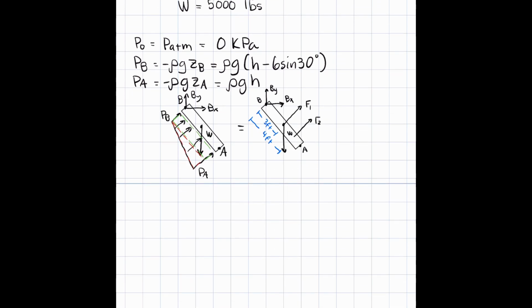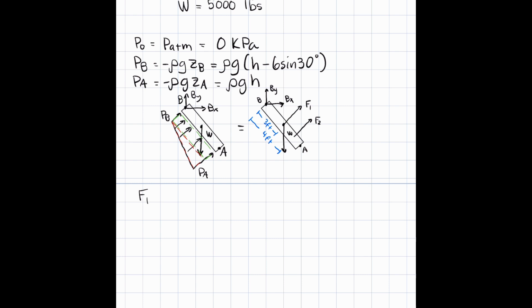All right, so now we're going to go ahead and start solving for what these F1 and F2 values actually are. So we know that F1 represents the rectangular load, and one of our very basic relations is that force is just pressure times area.